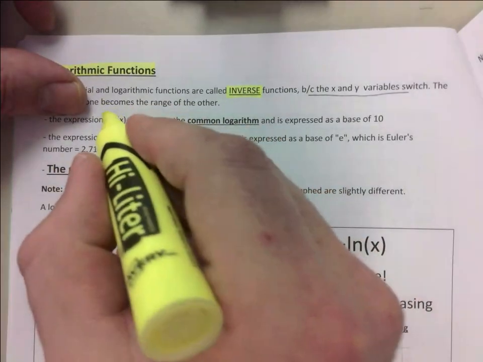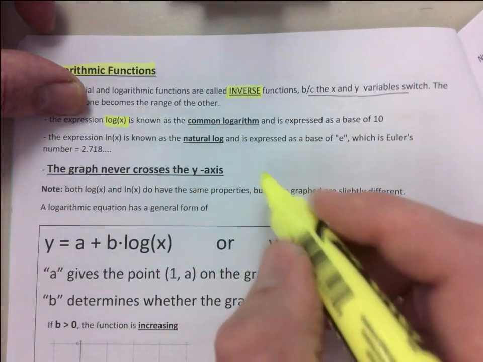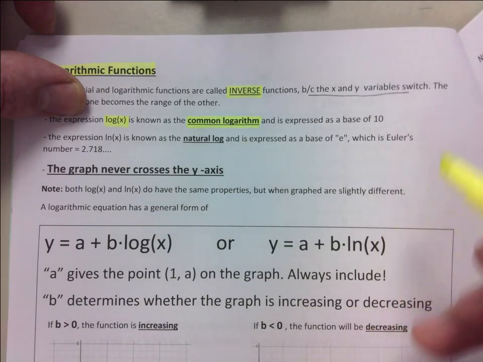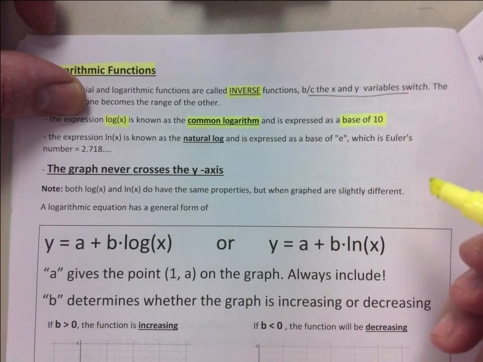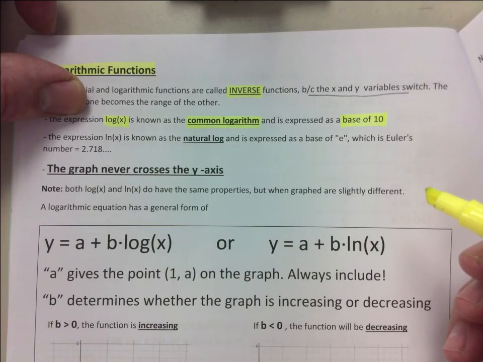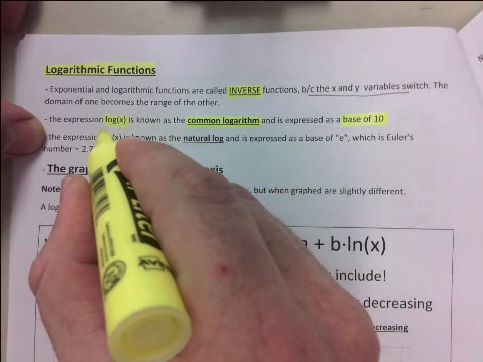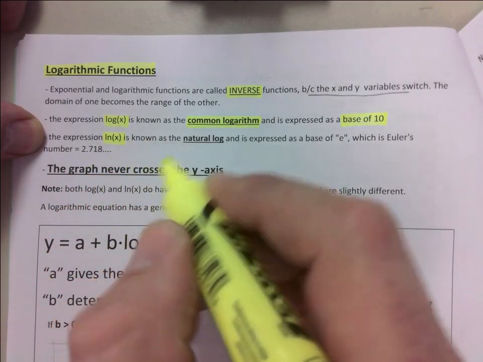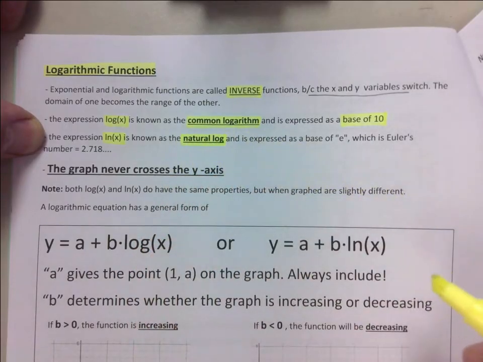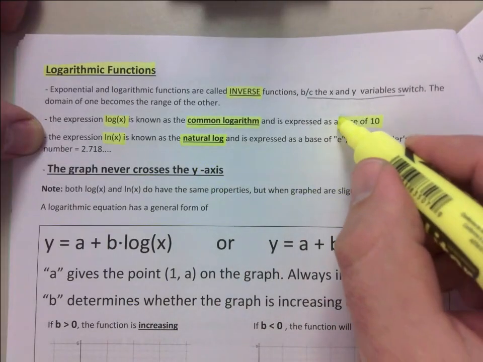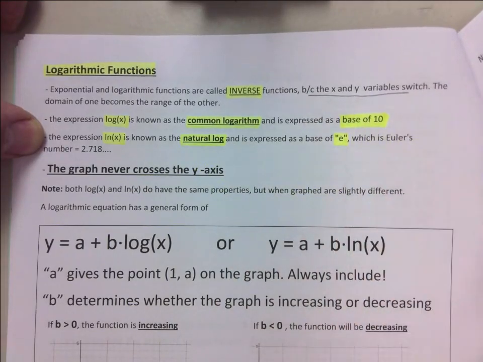The expression log of x is the common logarithm, and it's expressed as base 10. Then we have something we call ln x, which is the natural log. The only difference between these two is that one is base 10 and the other is base e.